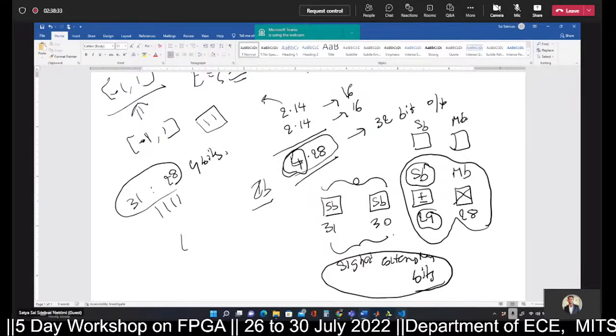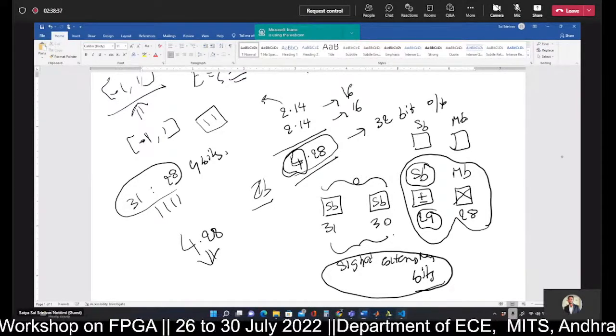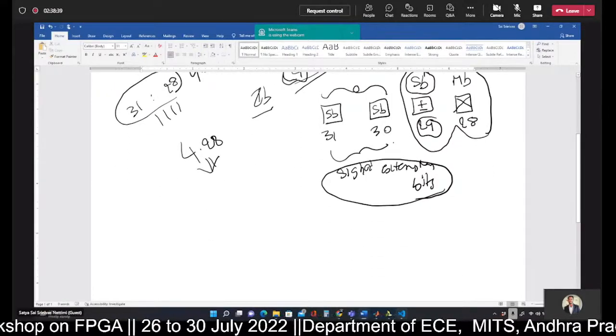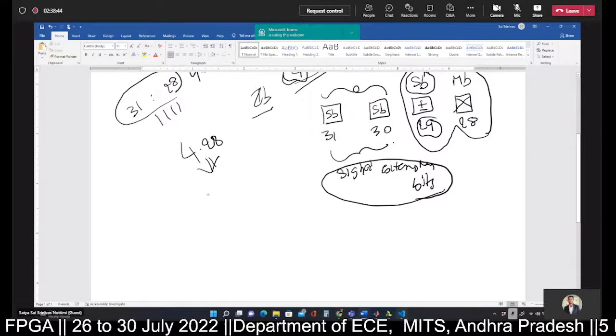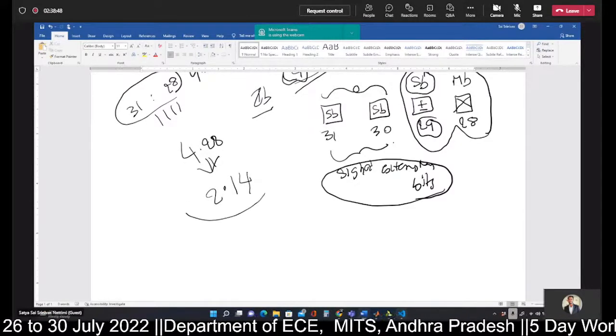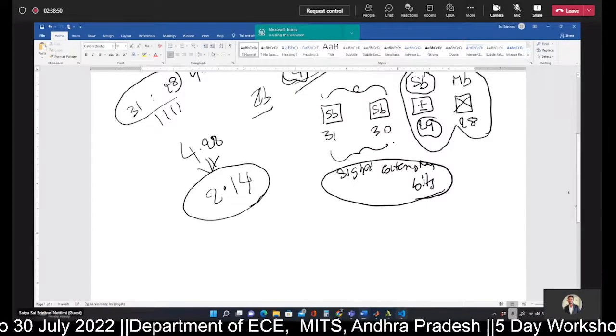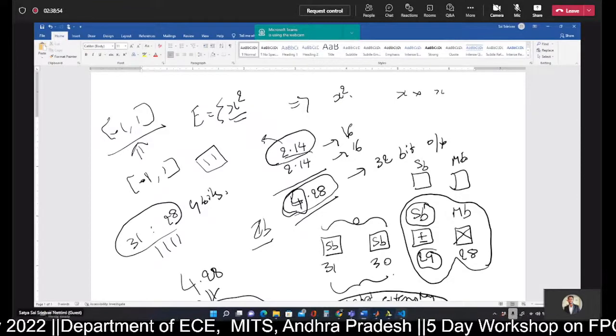Again, this 4.28, you have to bring it down to 2.14 format. Your actual input format is 2.14, right?